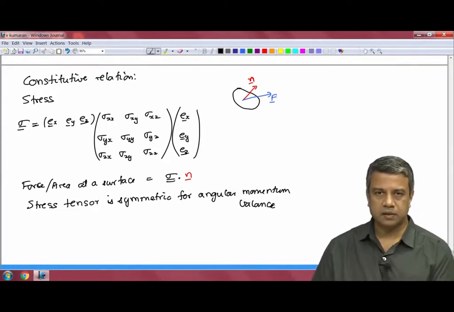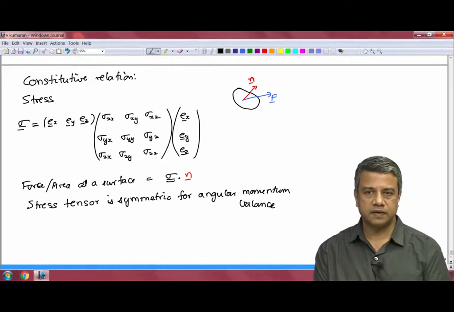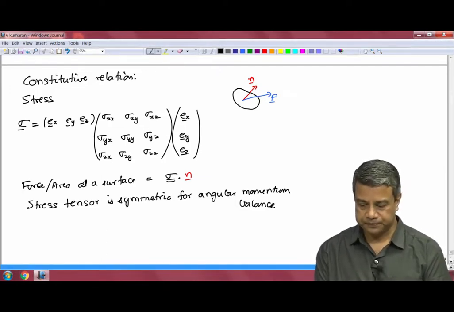Angular momentum is satisfied for a differential volume only if the stress tensor is symmetric.